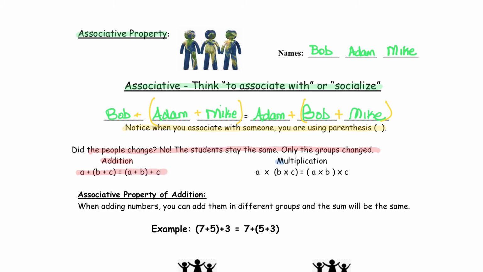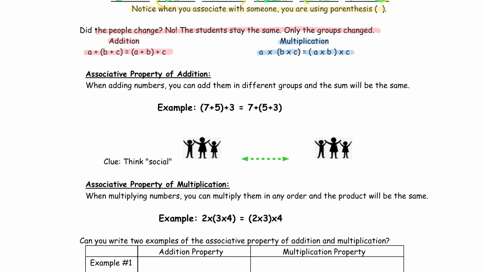If we were to look at multiplication, and again using algebra, using those variables, we have (A × B) × C is equal to A × (B × C). We're multiplying, in this case, all of the variables together, but no matter which group comes first, your total product will still be the same.